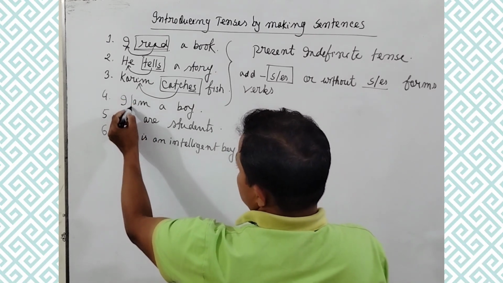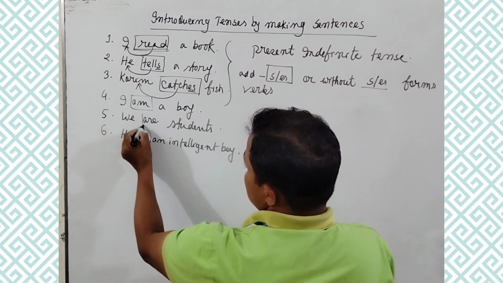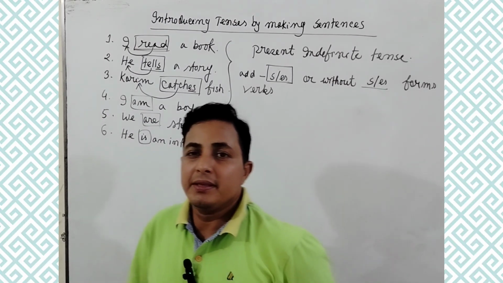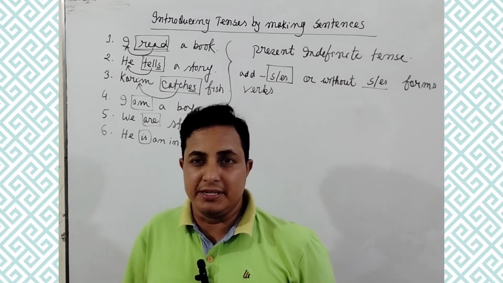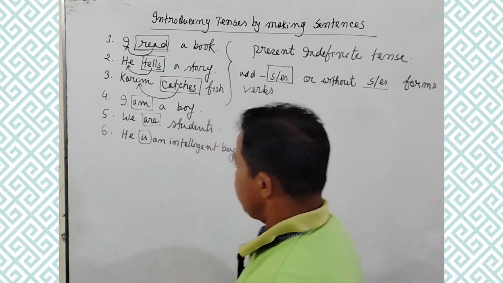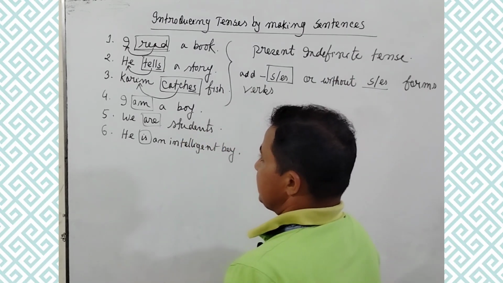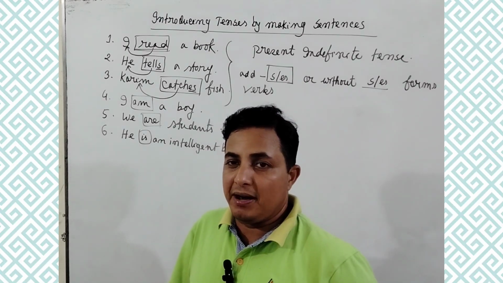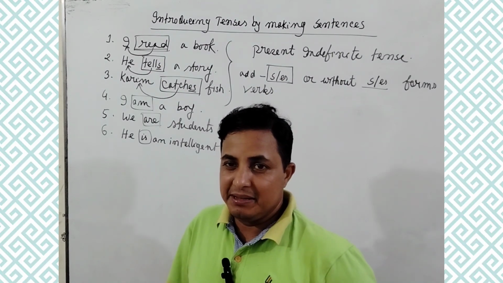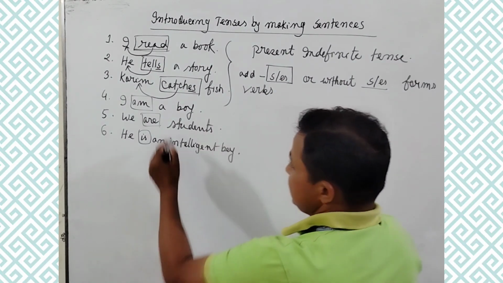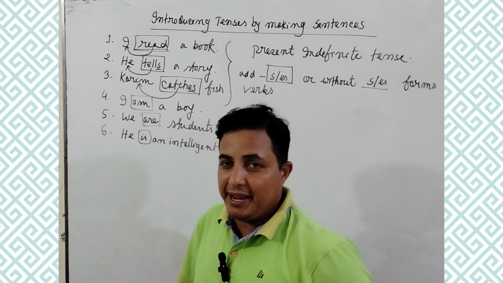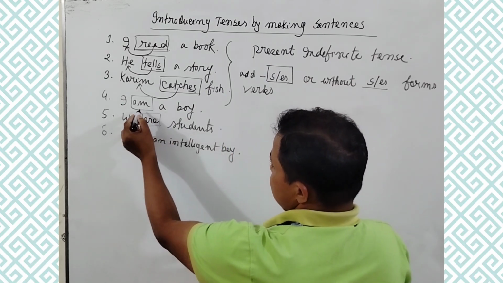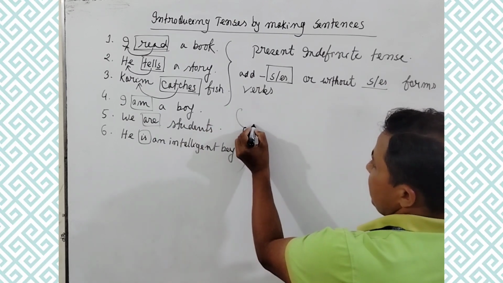We know am, is, are are also auxiliary verbs of present continuous tense. But after an auxiliary verb in continuous tense, you must follow the base form of the verb adding ing. But if you don't find an extra verb adding ing after this sentence, you have to understand this sentence is called simple present.